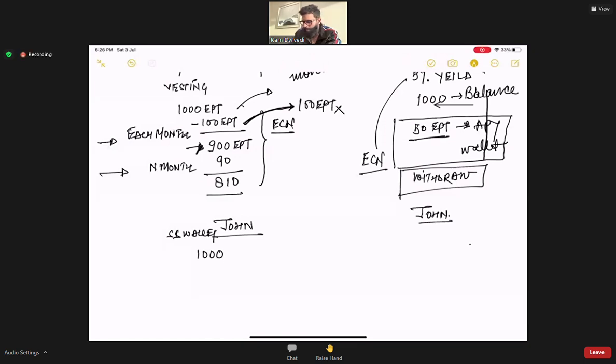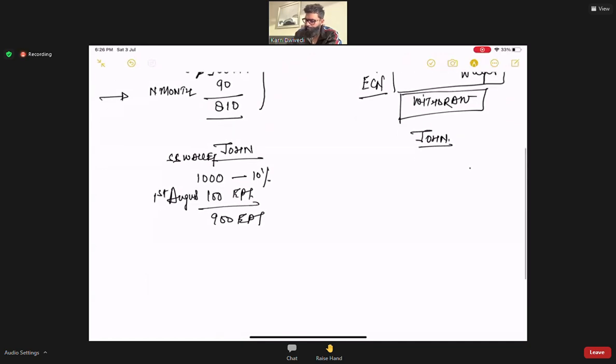And on the 1st of, let's say, August, he has a window of 10%. So he can withdraw 100 EPT, and his balance will be 900 EPT, right? On 1st of September, 10% again, he can withdraw 90 EPT. His balance will be 810 EPT, right?